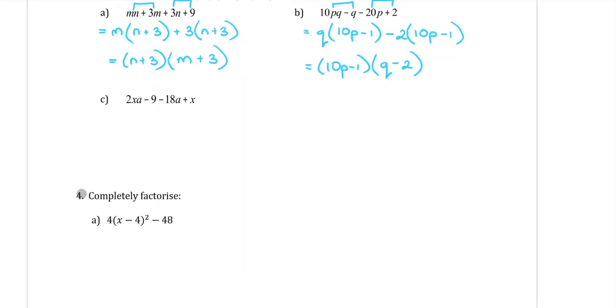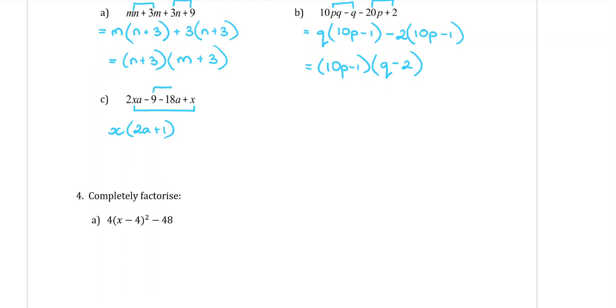Question C. Now, normally we do the first and the second term together, but there is no common factor between 2ax and minus 9. So instead, we can pair them differently. I might choose to do the first term with the last term because they both have an x in them. So if I bring the x out as a common factor, I would get 2a plus 1.